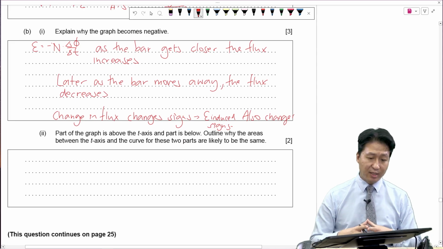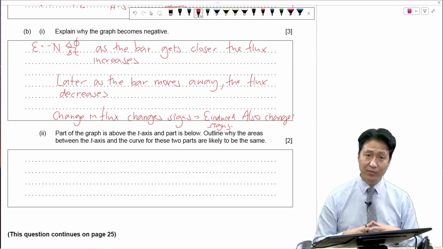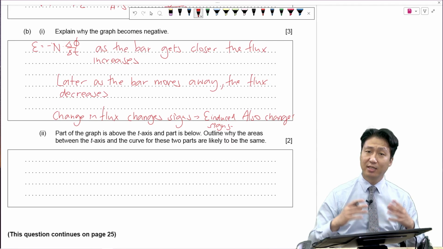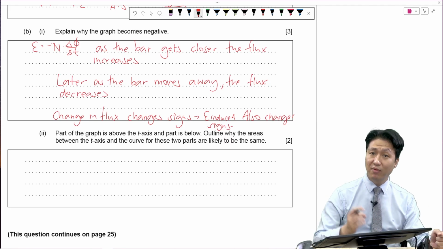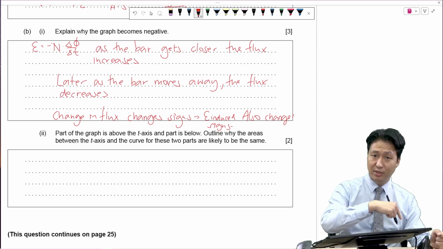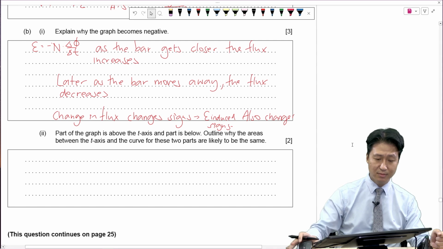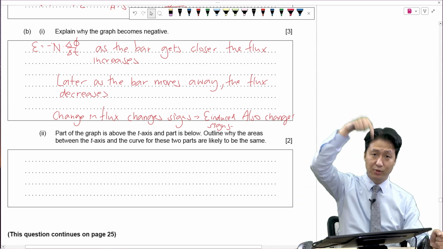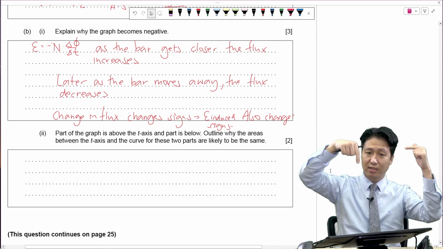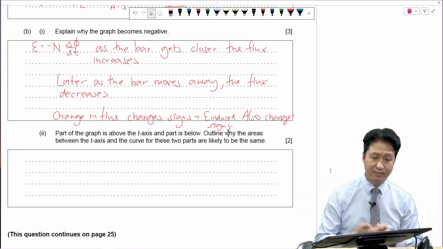Well, remember that it's all related to Lenz's law. So we can also refer to Lenz's law for this. Lenz's law says that the induced EMF will be such as to oppose the rate of change of flux that created it. So if the flux is increasing, it will be one direction. If the flux is decreasing, it will be the opposite direction. So as it comes closer, positive. As it goes through and the flux decreases, then it's going to become negative.